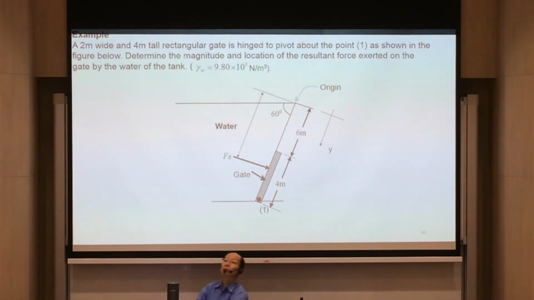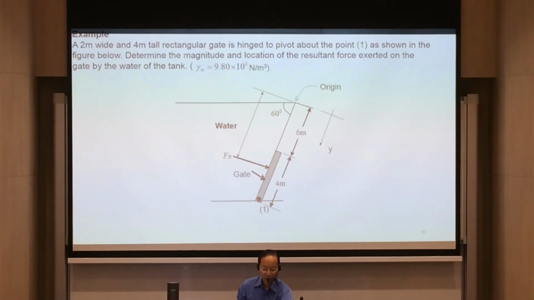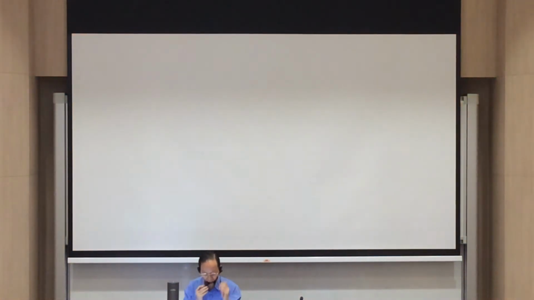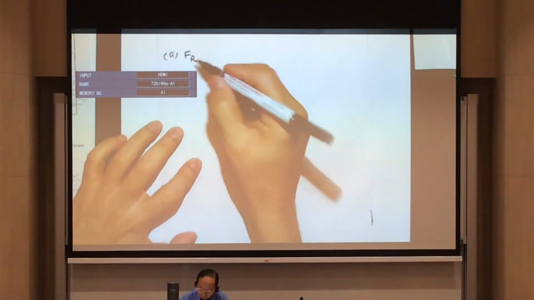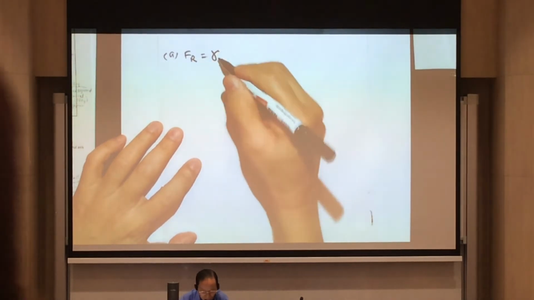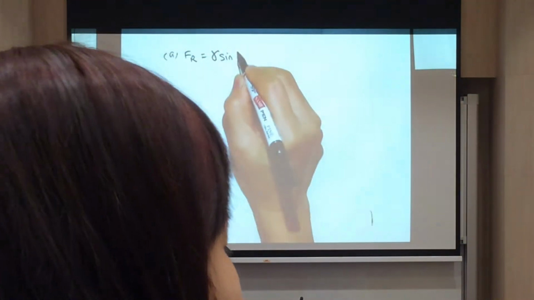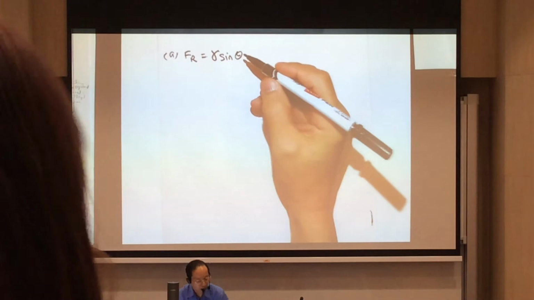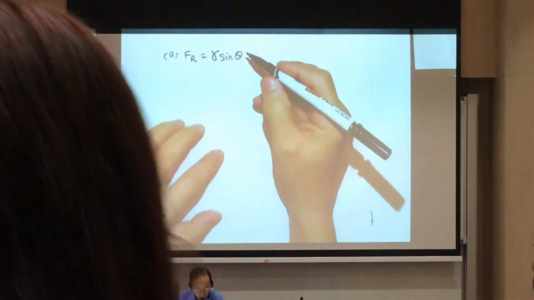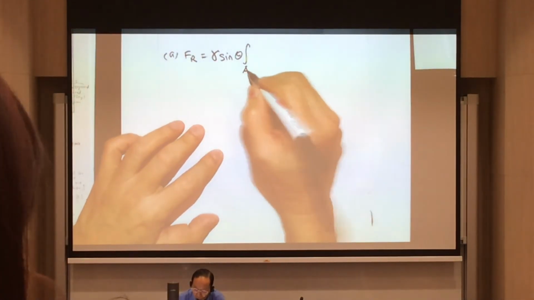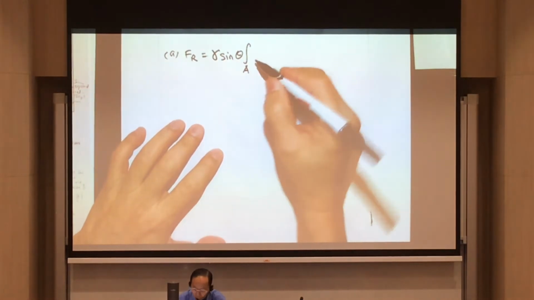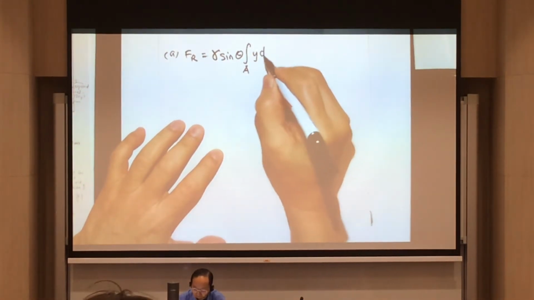For the first part, FR is equal to gamma sine theta times the integral over the whole area of the gate of y dA.